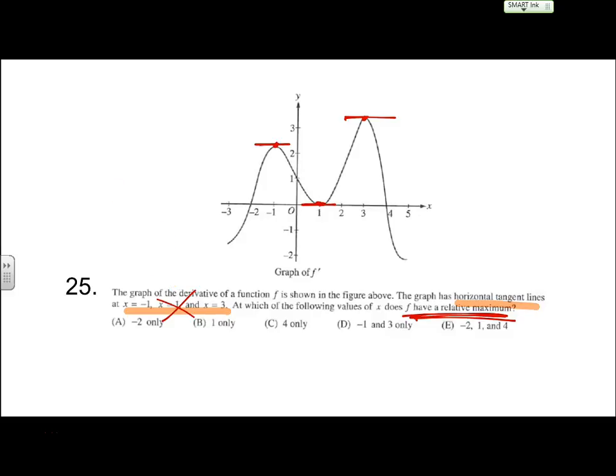What do you want the relative max of? F. What are you being given? F prime. How do we find relative maxes using F primes? Don't F primes need to go from positive to negative to get me a relative max of F? This is what I'm looking at.